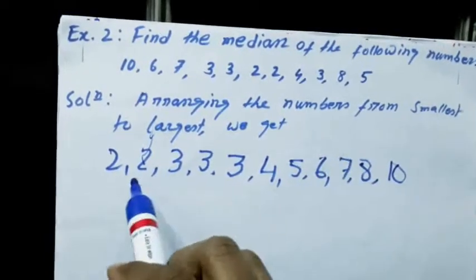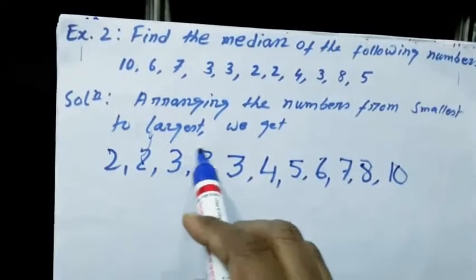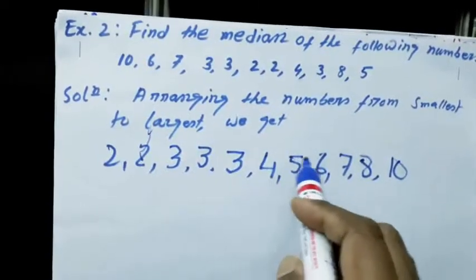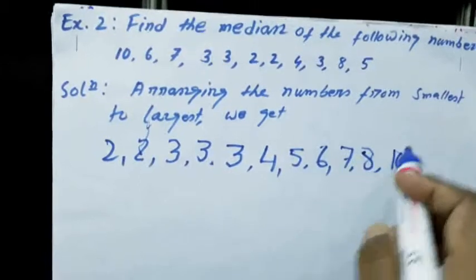How many numbers are there? 1, 2, 3, 4, 5, 6, 7, 8, 9, 10, 11.